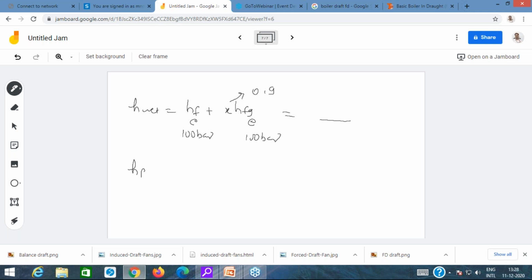Enthalpy of feed water is HF at 256 degrees centigrade. And H superheated is H superheated at 100 bar and 450 degrees centigrade.